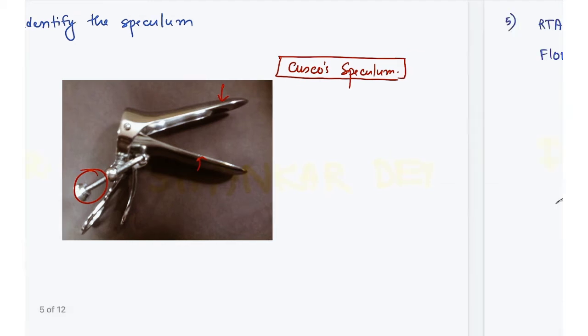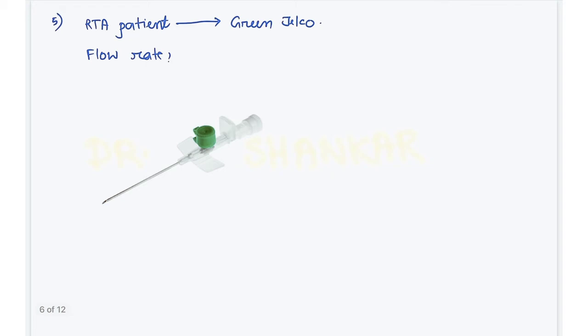So coming to the next question, that is question number 5. The question was about an RTA patient. The question was clinical, a very long question. One RTA patient came to the emergency with shock, like BP was less, like 90/60, and heart rate was more, like 120 or 110 beats per minute, and the patient was in shock.